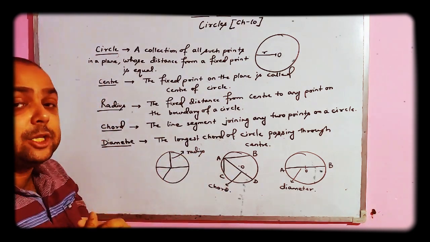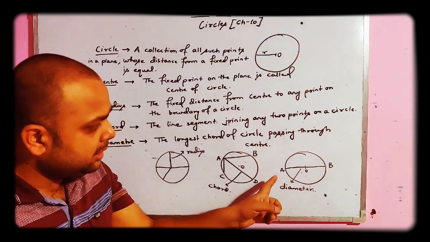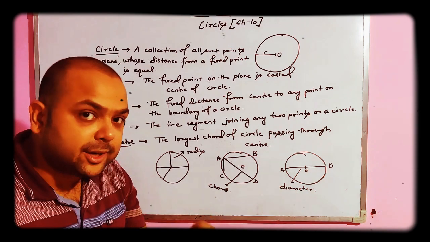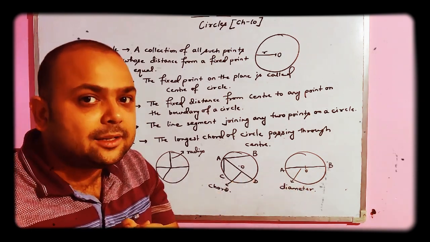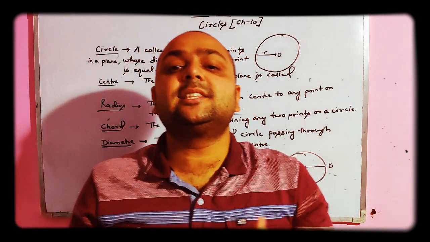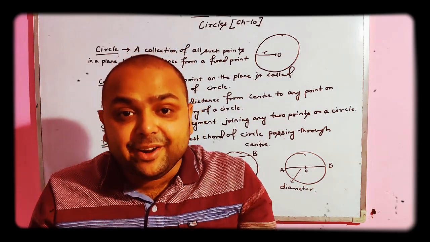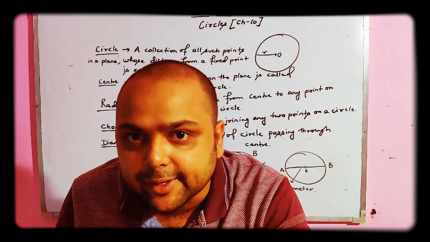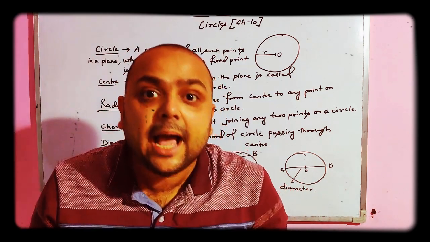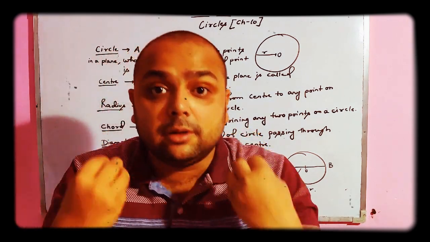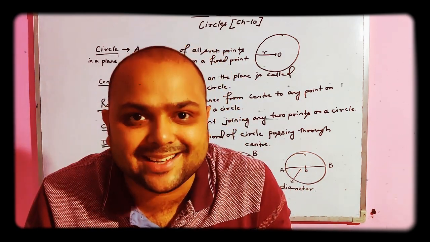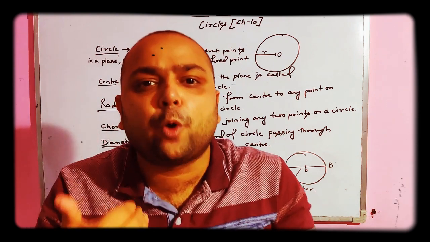Next is the diameter, the longest chord, which is formed by joining two points on the circle and must pass through the center. Every diameter is a chord, but every chord is not a diameter. In the next part, I am going to tell you about the most important topic related to circles which we are going to study in class 10: tangent and its properties.